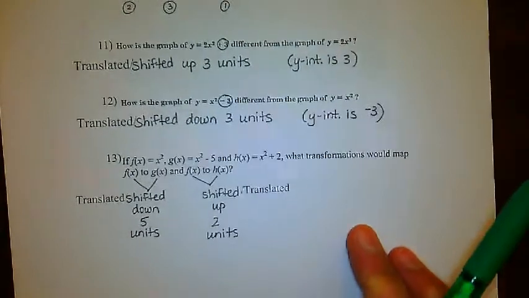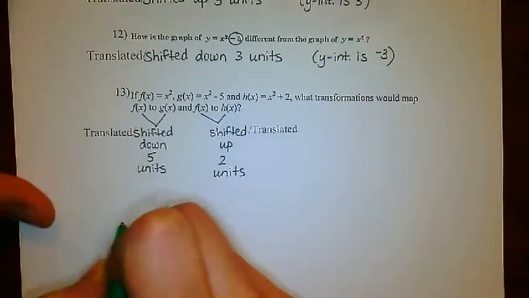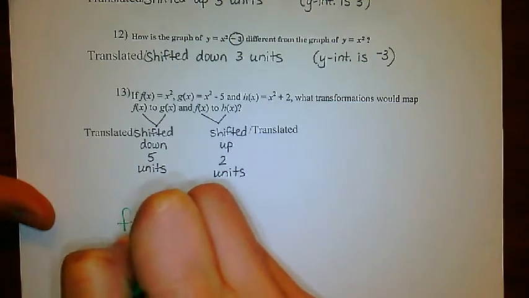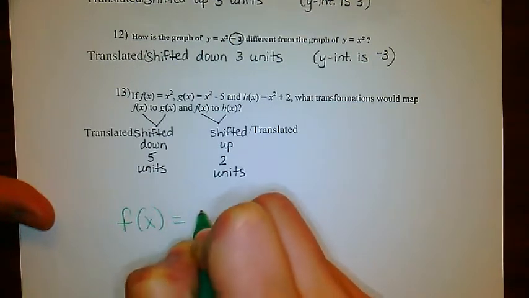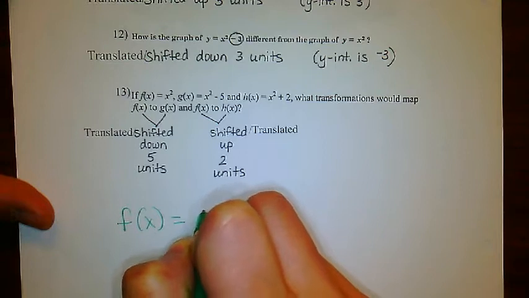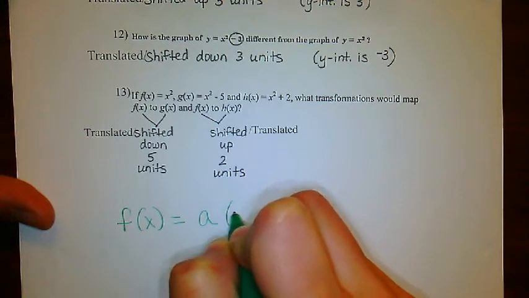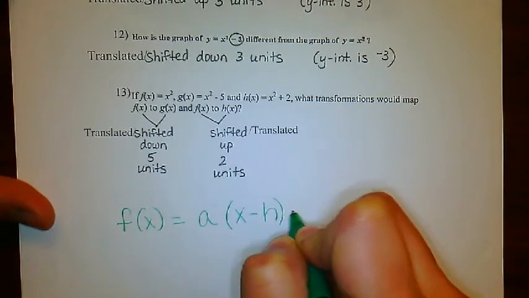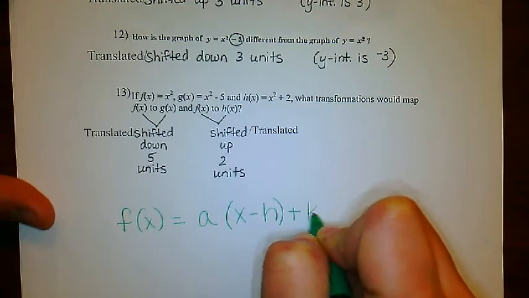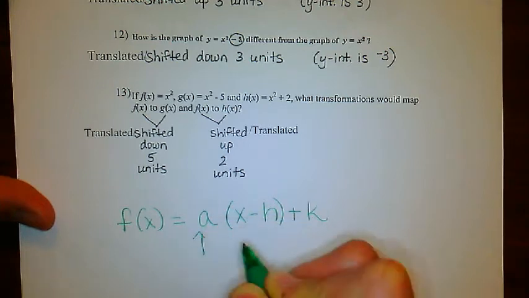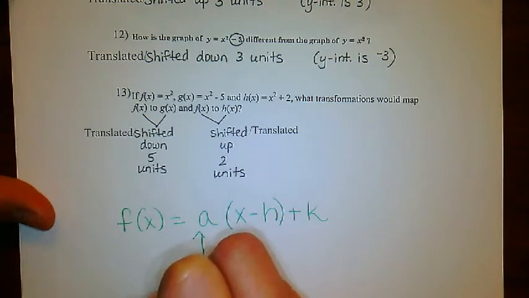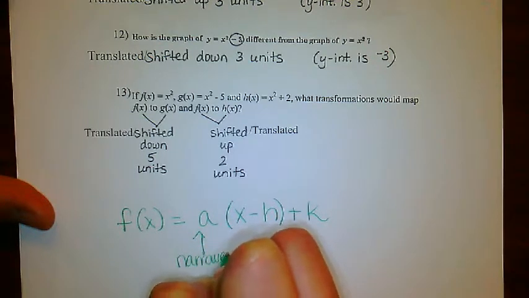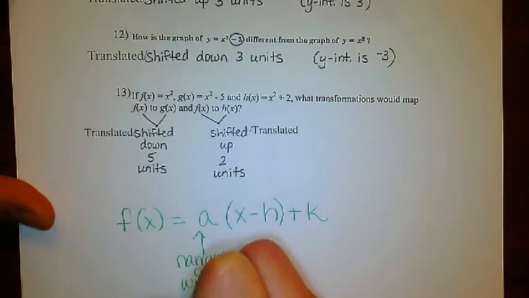Another thing I wanted to include: let's say f of x is equal to, this is a general form, a times (x minus h) squared plus k. The a either makes it narrower or wider.